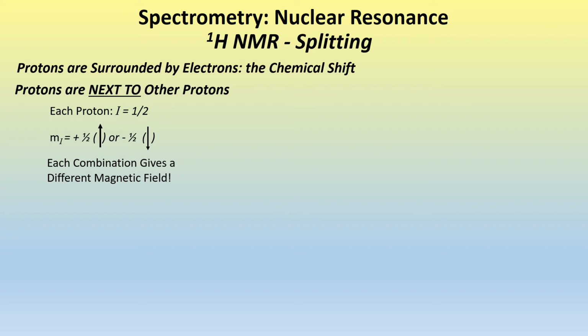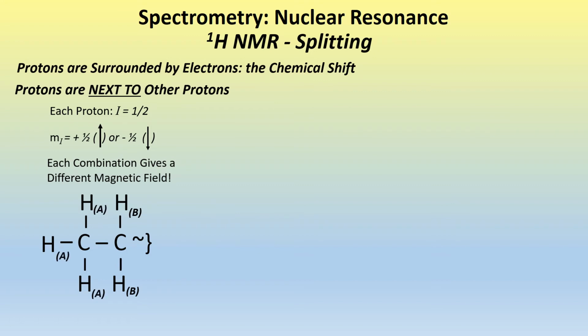So let's look at the last fraction of ethanol, the CH2CH3, with the A protons being on CH3, the B protons on CH2. For any given A proton, that is next to 2 B protons. Their spins can be arranged either up and up, down and up, up and down, or down and down.